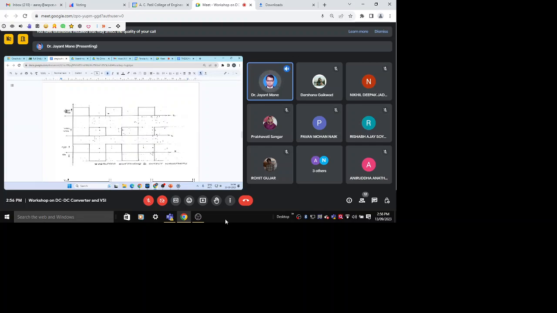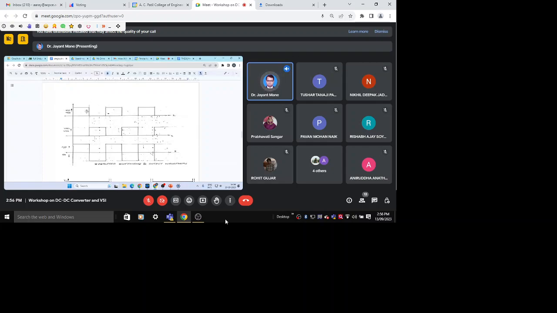Gate voltage of one. See this. So as we have one cycle of 20 milliseconds, for half of the time the switch must be on, another half of the time the switch is off.